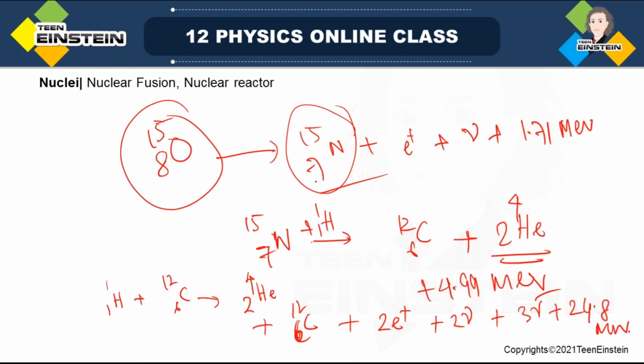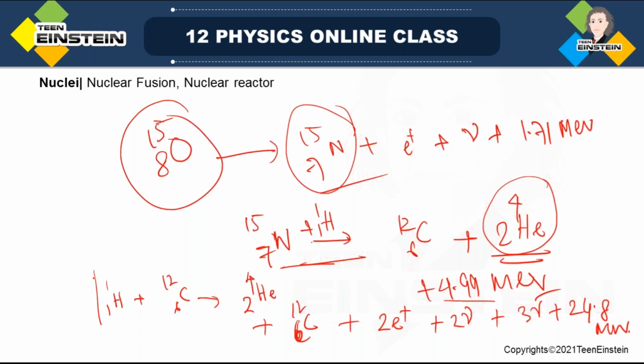So upon absorbing a proton, it gets converted into 6 12 and 2He4, which is the helium nucleus or the alpha particle, and along with that 4.99 MeV energy is released.